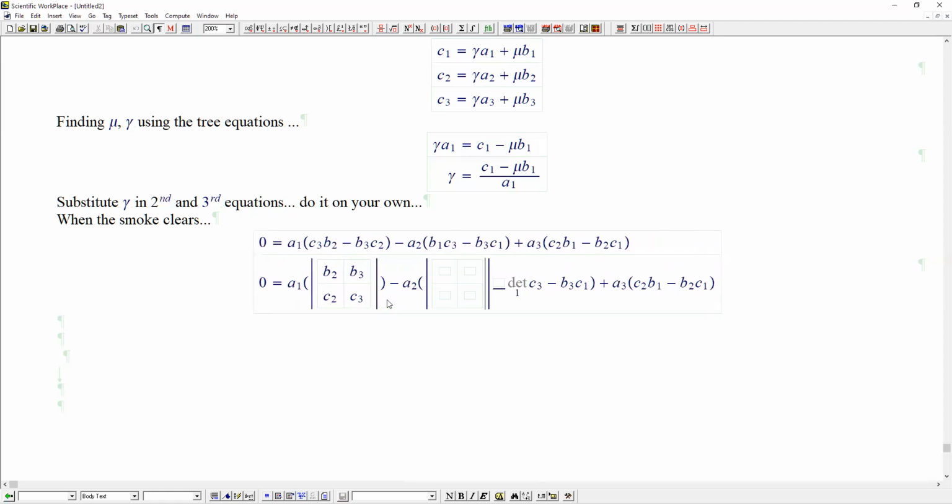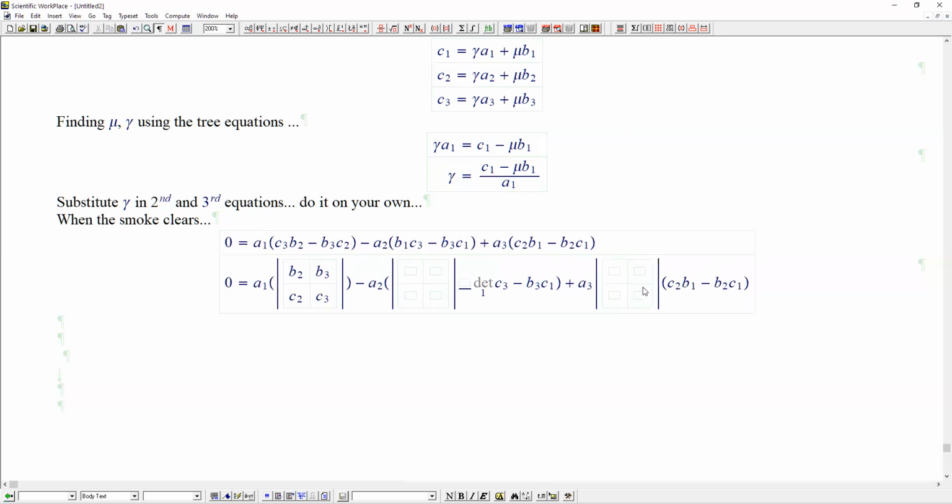And that would be a determinant as well. So here is B1, B3, C1, C3.